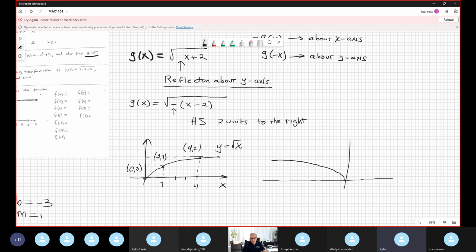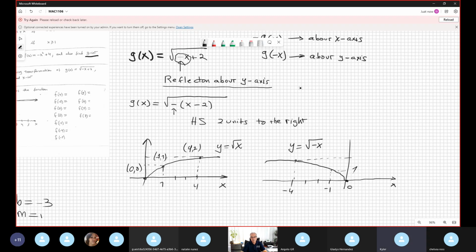This is the x-axis and the negative part: this is 0, this is -1, and this is (-4, 2). Basically, the only thing we are doing is this: y equals square root of -x, this part.